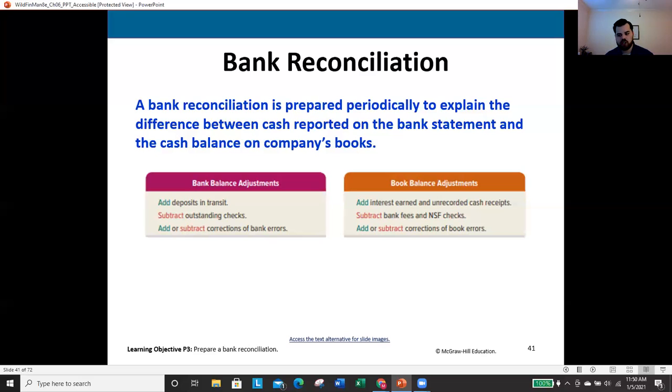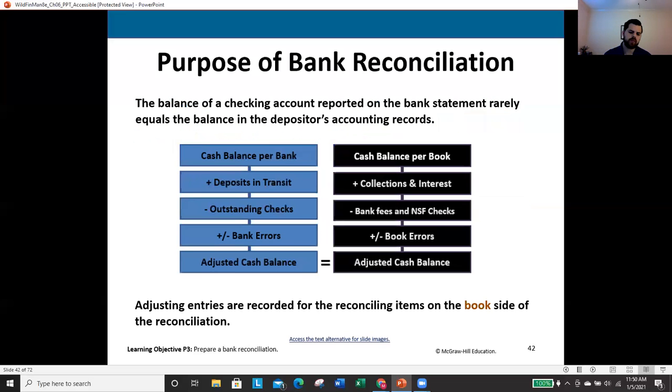All kinds of charges you may be getting hit with from the bank, and those of course are known by the bank because they're the one levying the charge. So they don't need to make an adjustment, but the company of course does need to make an adjustment and will reduce their balance for those amounts. And of course, if the company makes a mistake, we'll have to deal with that on the company or the book side.